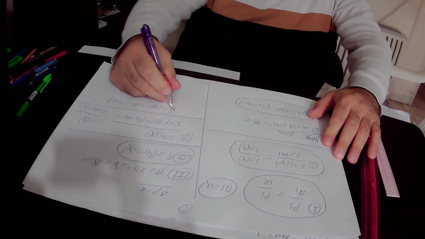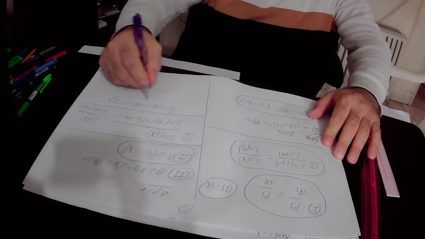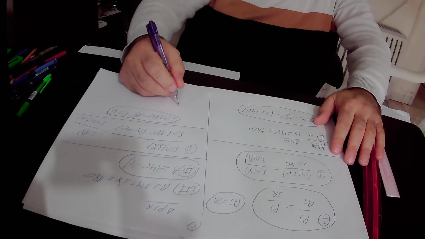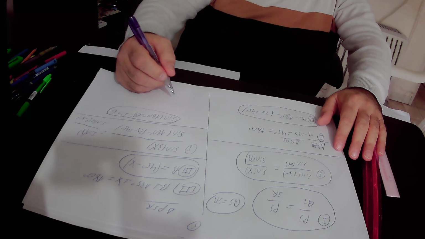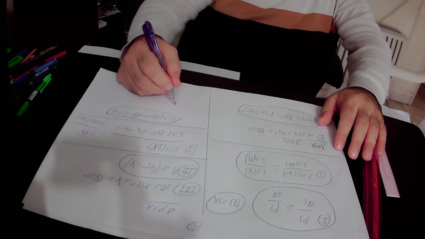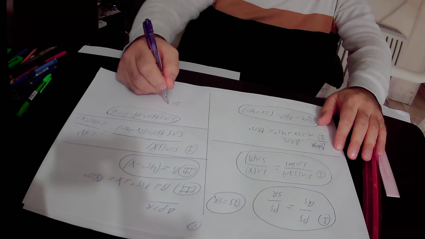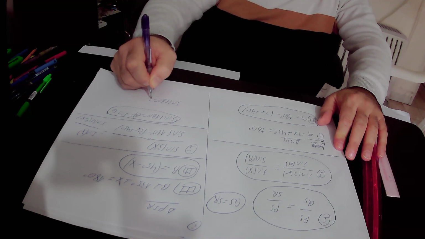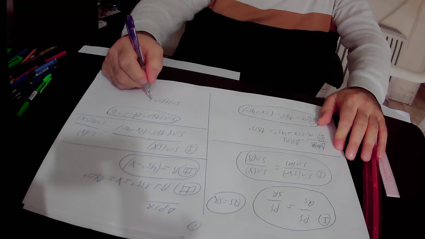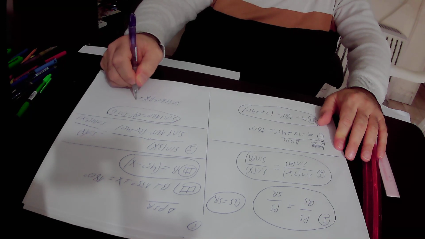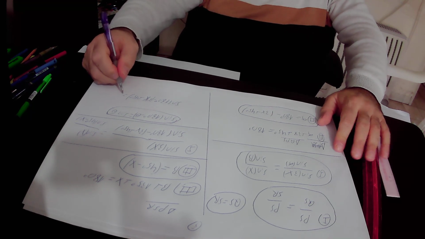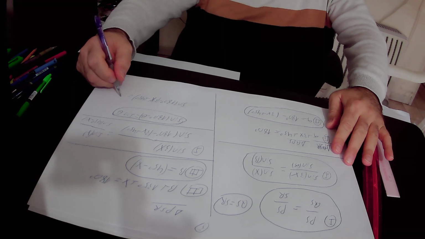According to this trigonometric identity, we will get that sine of 180 degrees minus (3x plus 45 degrees) will be equal to sine of (3x plus 45 degrees).